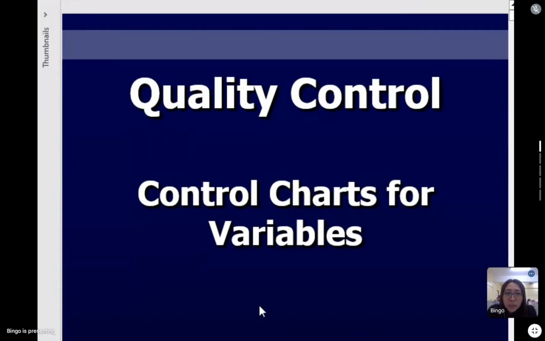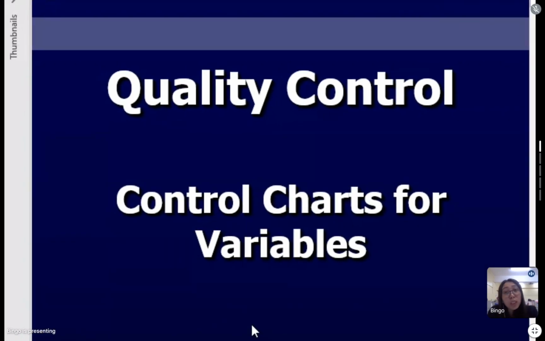So our first topic will be about control charts for variables. Do you have any idea what is a variable? First, okay, ano ba yung variable? Anybody? What is a variable?